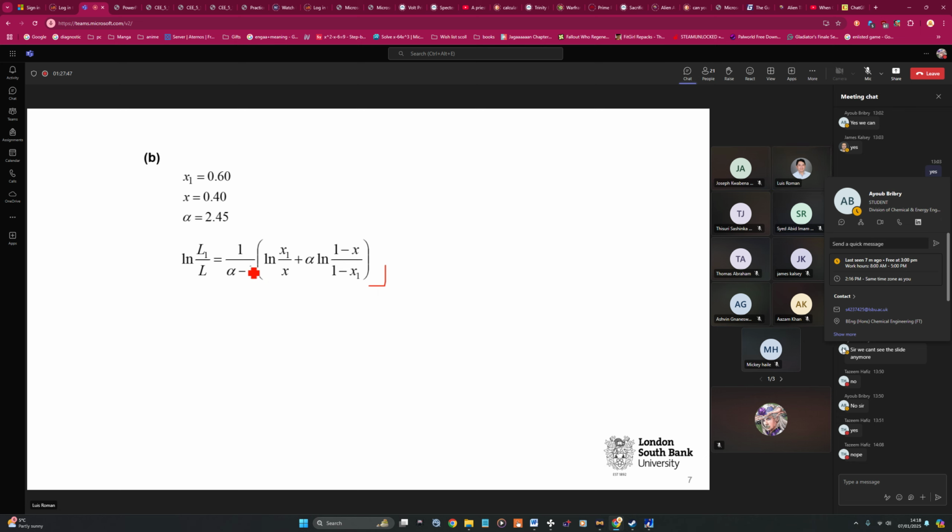In this equation, we know the value of alpha, and we have the values of x1 and x, so we can use the equation to calculate L1 over L.